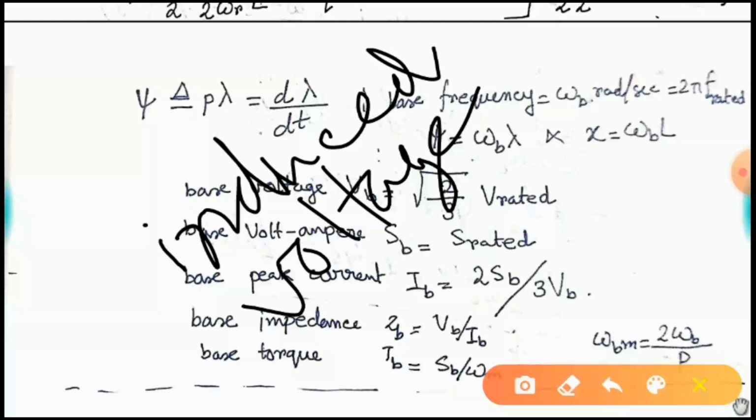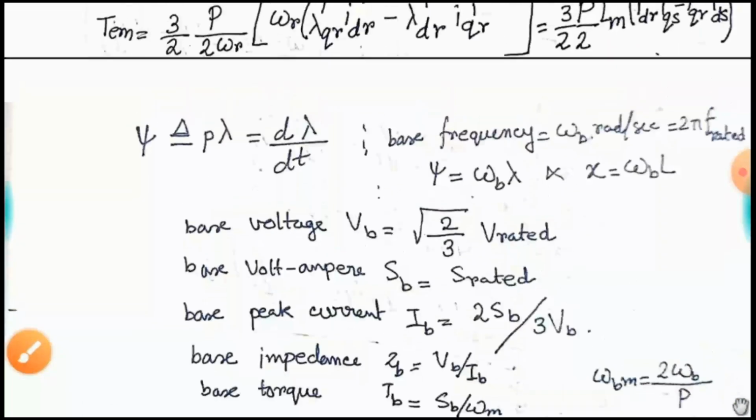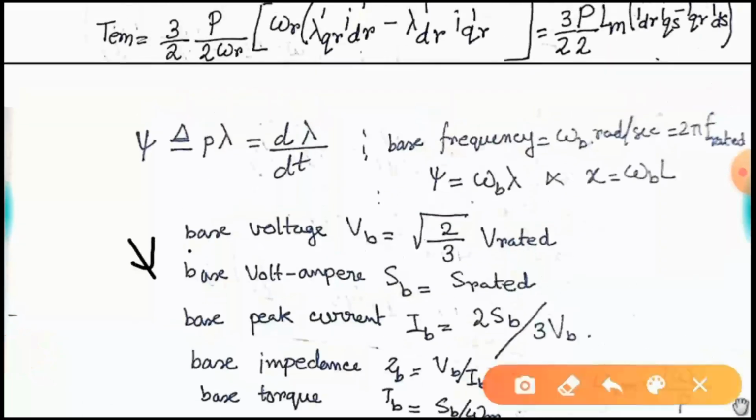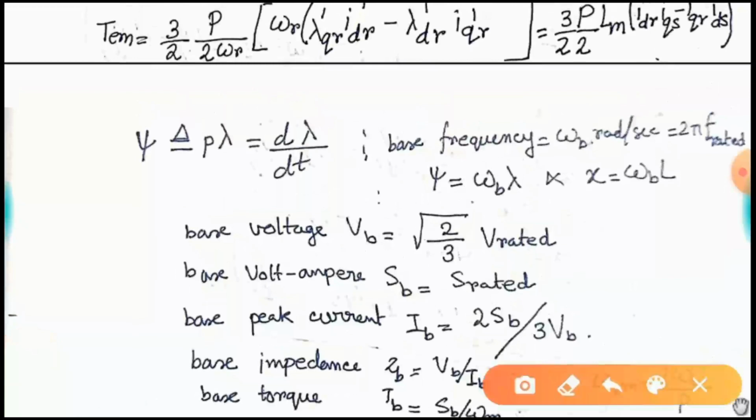If you are considering psi s, it is like p lambda s, so this psi s is the induced voltage. And as I have just mentioned, psi is equal to omega b lambda.